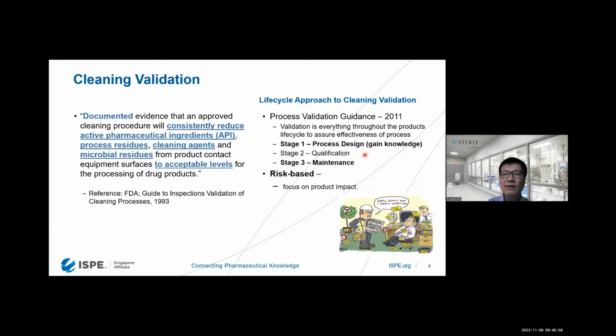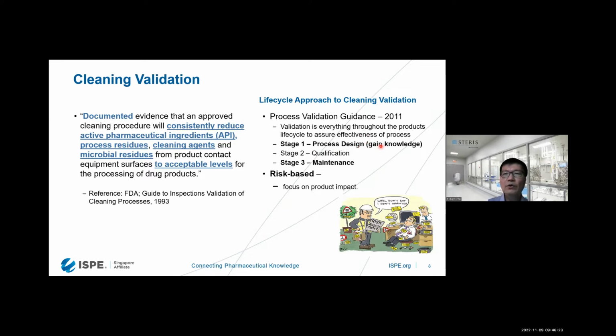What are the process equipment that we're going to clean? Residue detection methods: what methods are we going to use to detect the process residues after the cleaning? And you also need to decide and work out the acceptance criteria on what are acceptable limits for the product carryover. All this needs to be incorporated here.